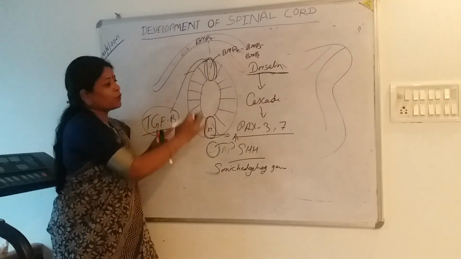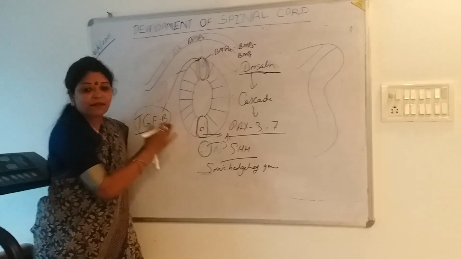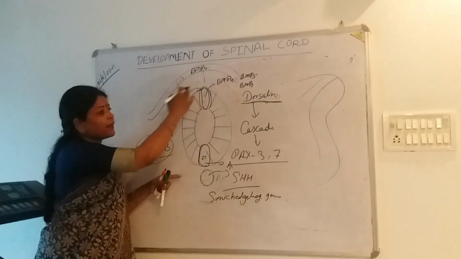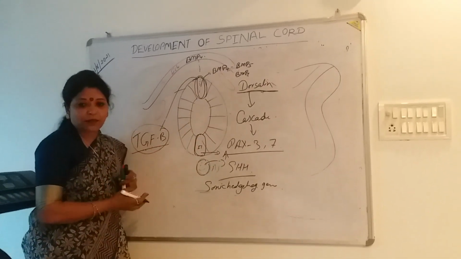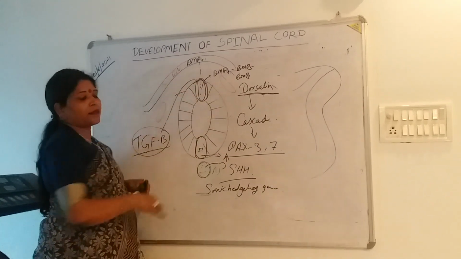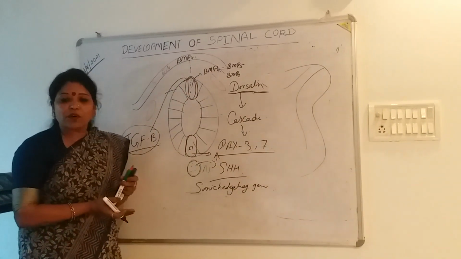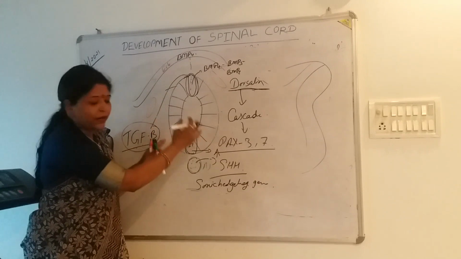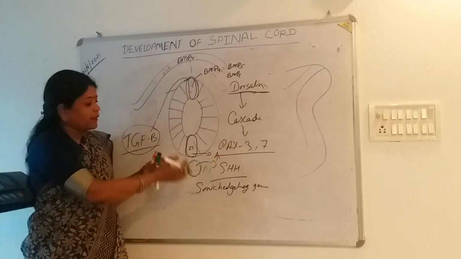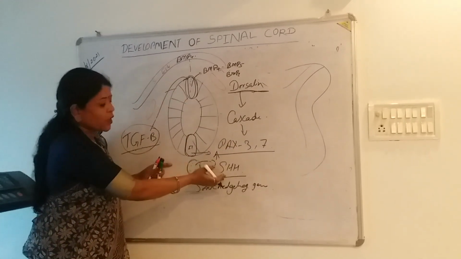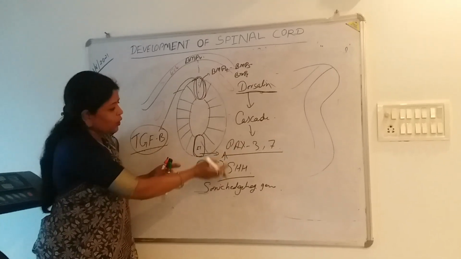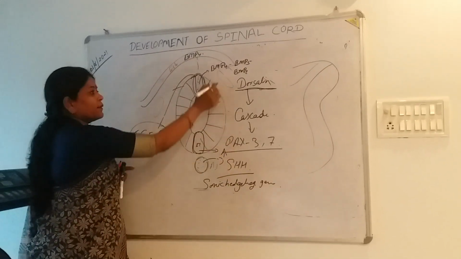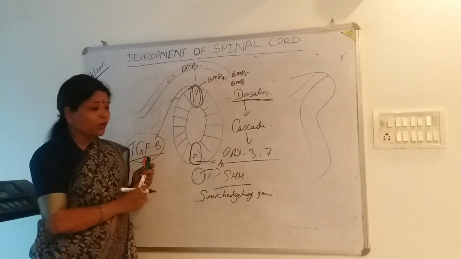So two concentration gradients are created in a single neural tube structure. On the dorsal side there is the highest concentration of transforming growth factor B, and on the ventral aspect towards the notochord, the highest concentration of sonic hedgehog. These two gradients will decide.